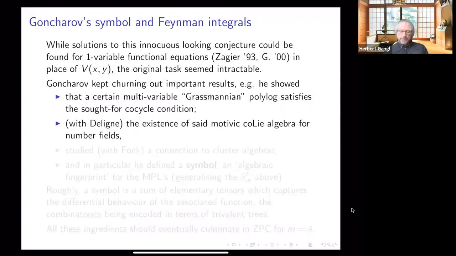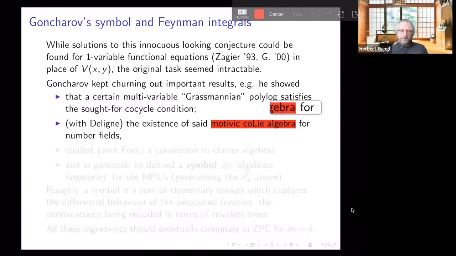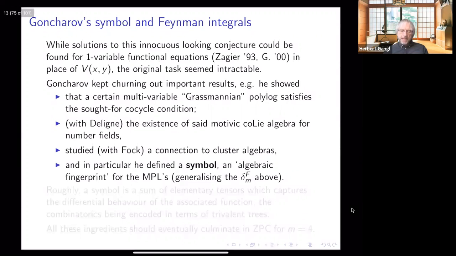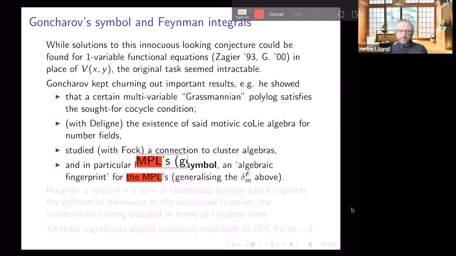Then he established the motivic Lie coalgebra for number fields, worked with Deligne. Then he studied the connection to cluster algebras, which seemed to be a bit far-fetched. And in particular, he gave a symbol, an algebraic fingerprint, for all these multiple versions.